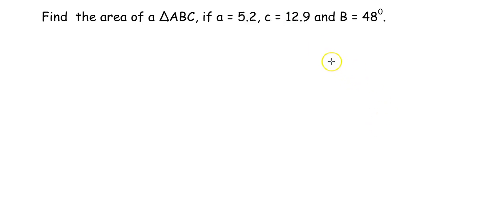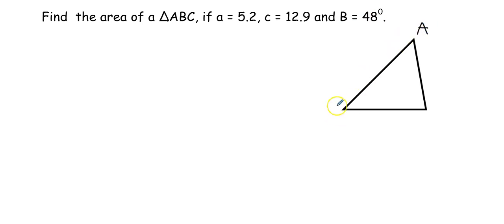Here it is. Alright. So we have triangle ABC here. Let me call this as A. The vertex A here. Now this is B and C. Now the sides are opposite here. This is lowercase a, the B and then C.